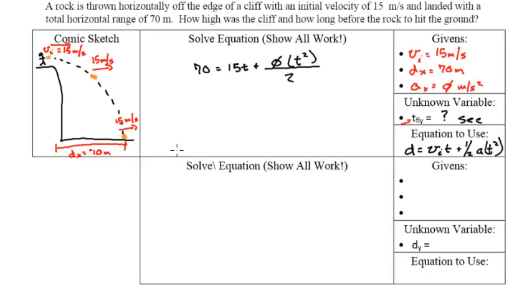Alright, if I simplify, 0 times any number is 0, and then 0 divided by 2 is 0, so that all blows up, giving me 70 equals 15t. To get t all by itself, I'll divide by 15.